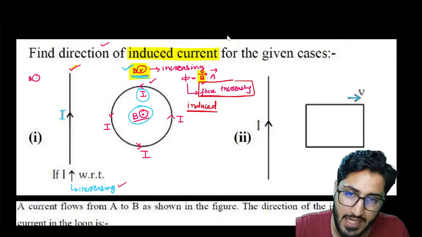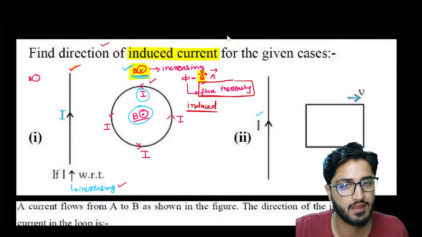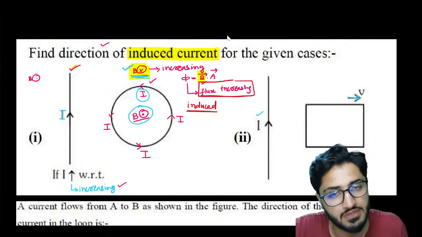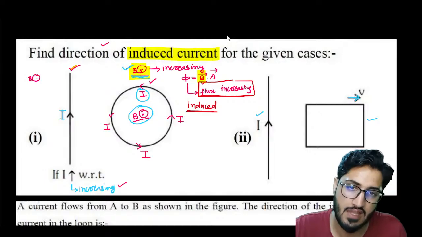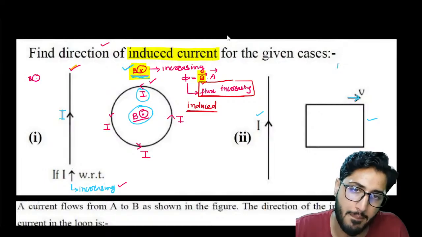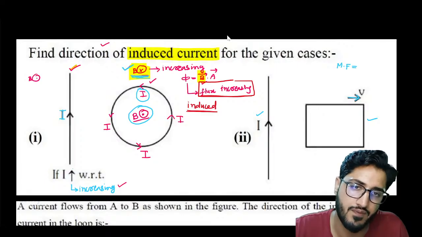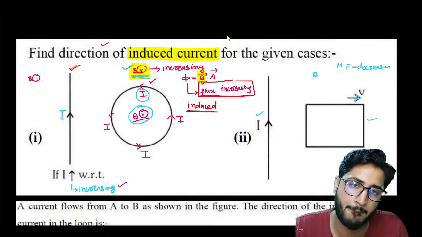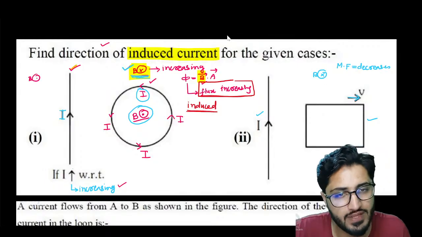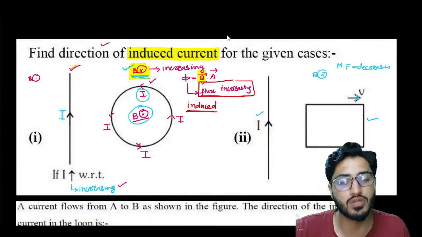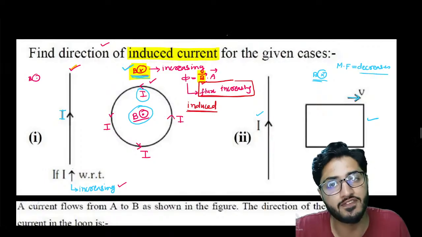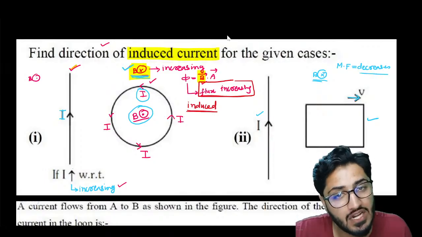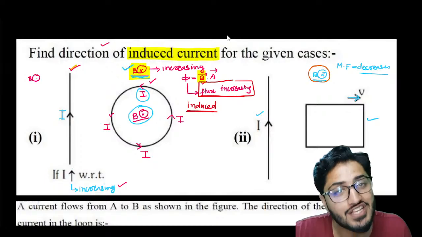Look at this one. Here my current is constant, it is fixed. But you can see this loop is getting away from it. If it is getting away, my magnetic field is decreasing. So according to Lenz's law, since it is decreasing, the current will flow in this loop in such a way that it will increase it.